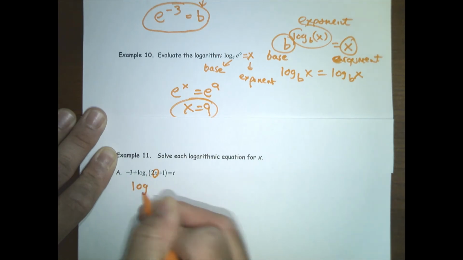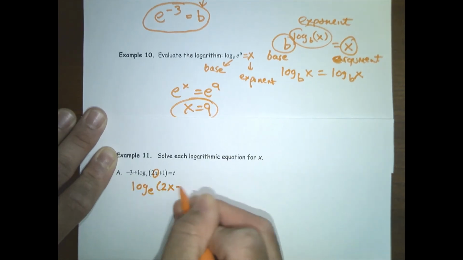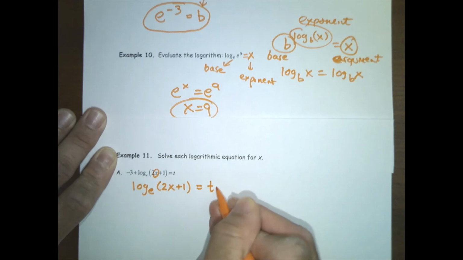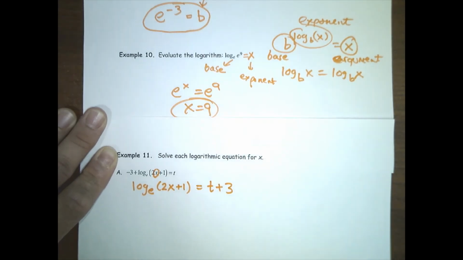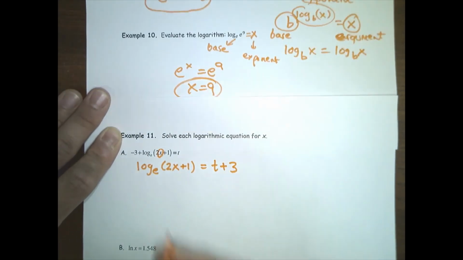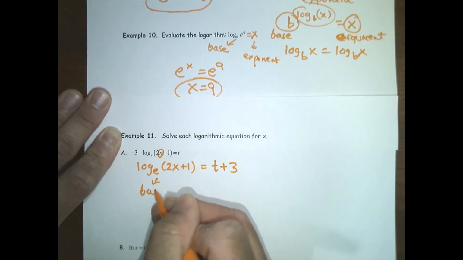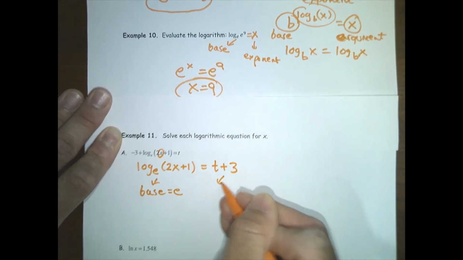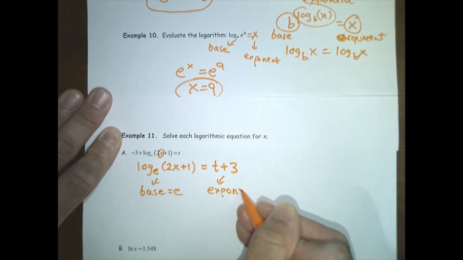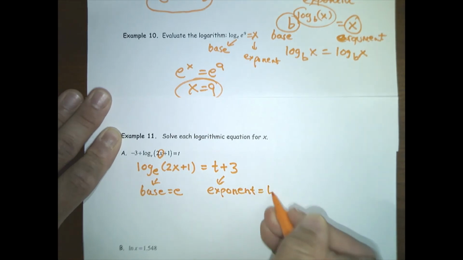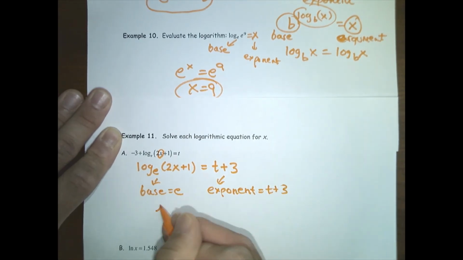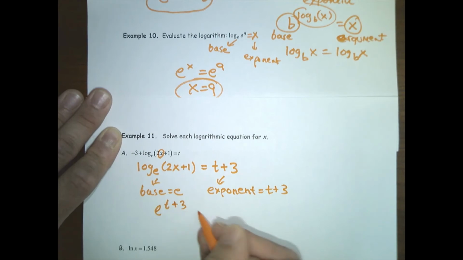So log base e of 2x plus 1 is equal to t plus 3. And then that means that the base is e and the exponent is t plus 3. So e to the t plus 3 power is equal to 2x plus 1.